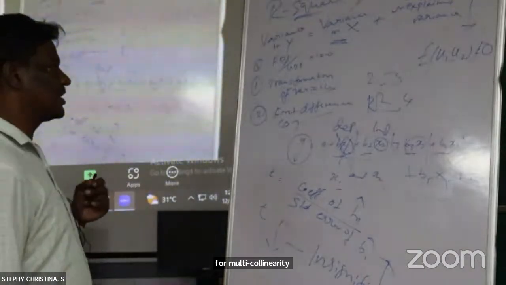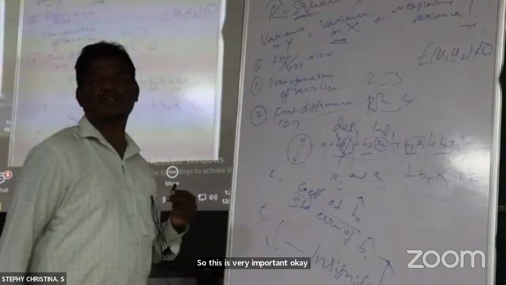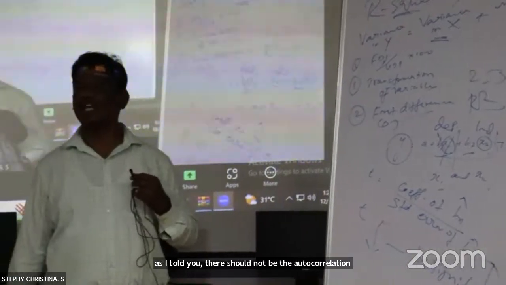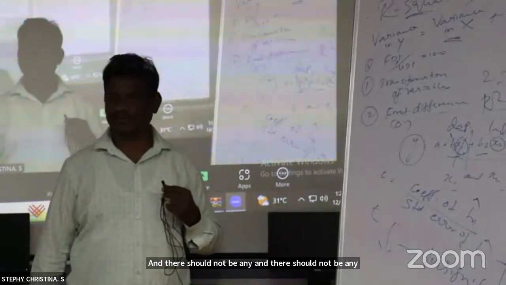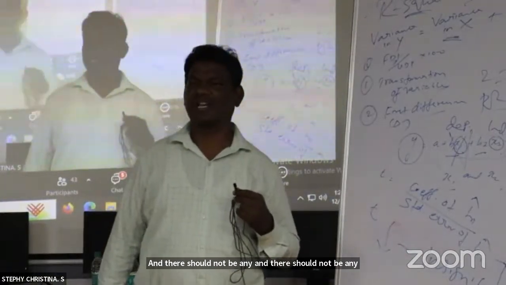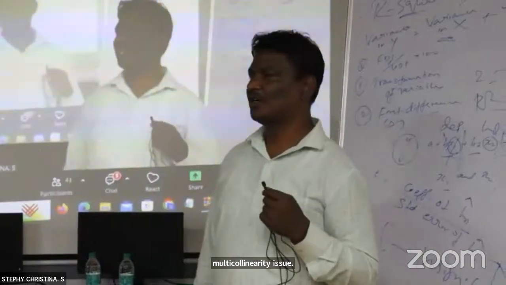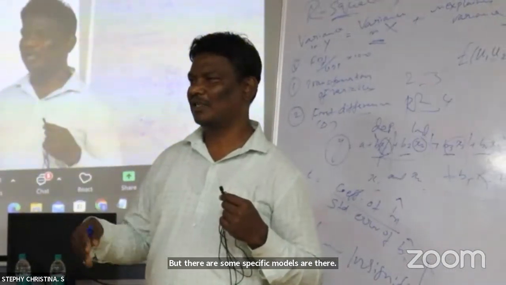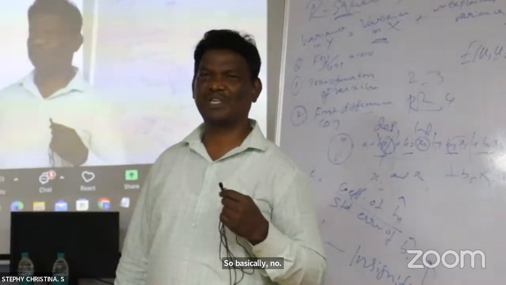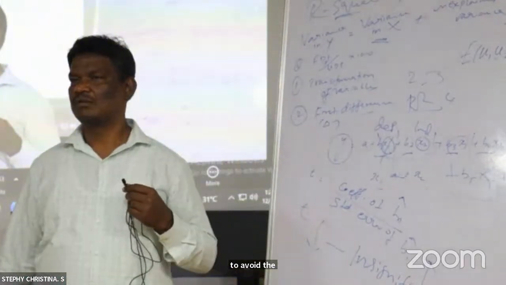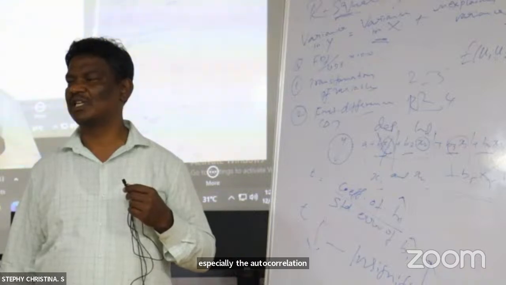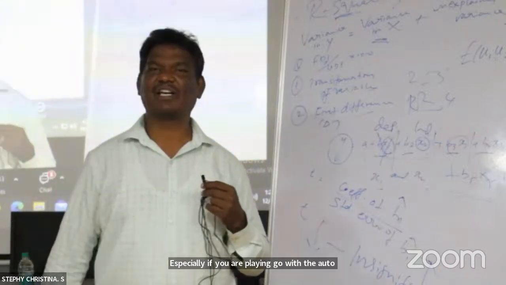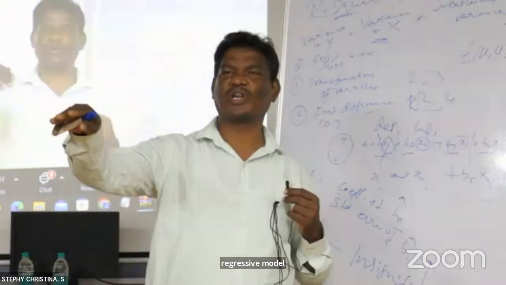As I told you, there should not be autocorrelation, and there should not be a multicollinearity issue. But there are some specific models to avoid especially the autocorrelation. See, especially if you go with the auto-regressive model, the vector auto-regressive model. Why do we go for the auto-regressive model?